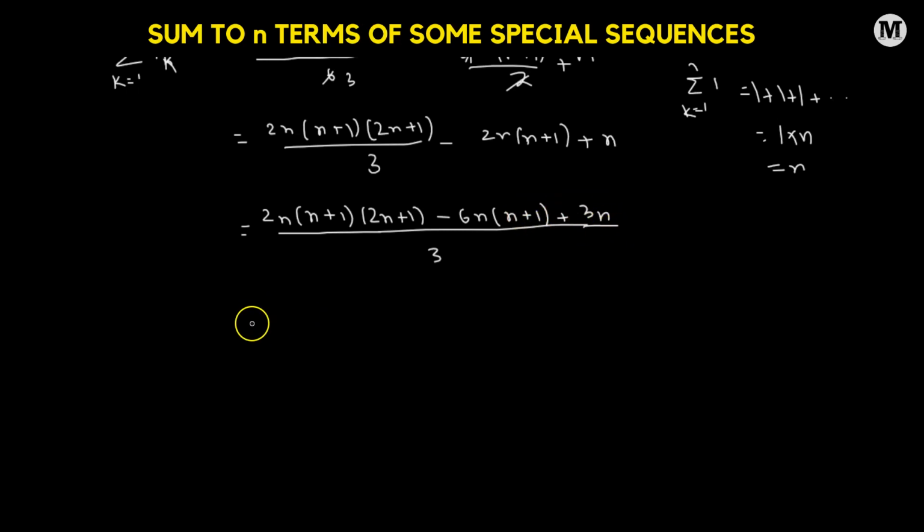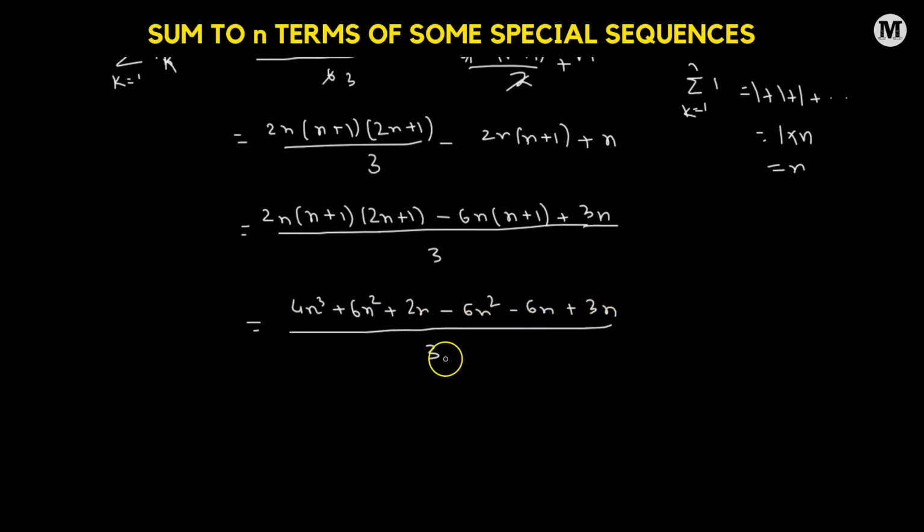Fine. So let's expand everything. We're going to get 4n cubed plus 6n squared plus 2n minus 6n squared minus 6n added to 3n, whole divided by 3. Now we have positive 6n squared and negative 6n squared cancelling out.